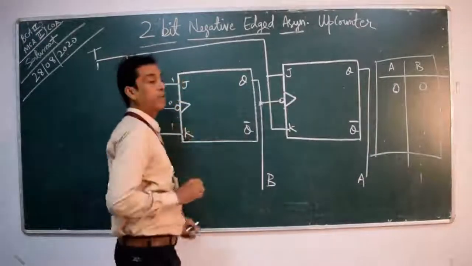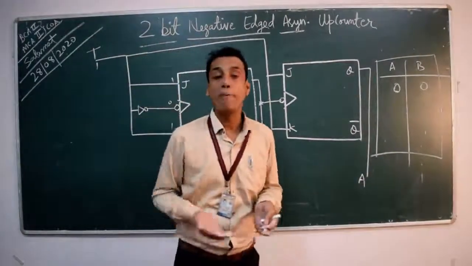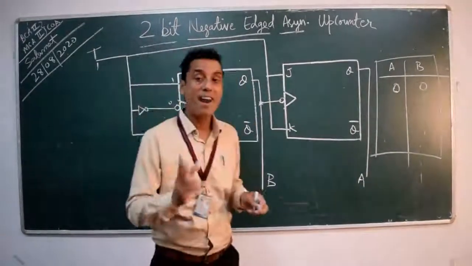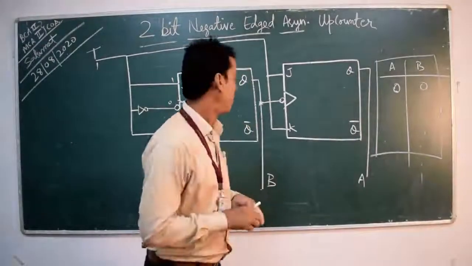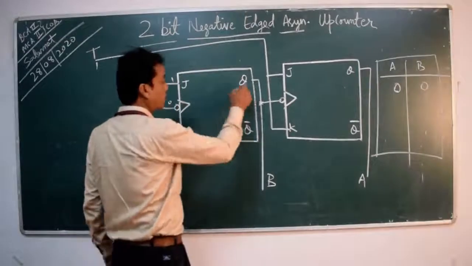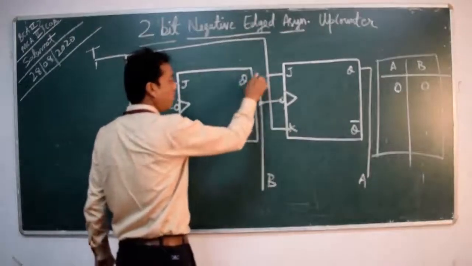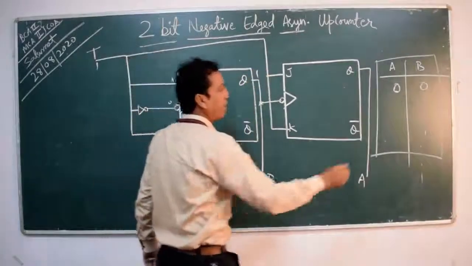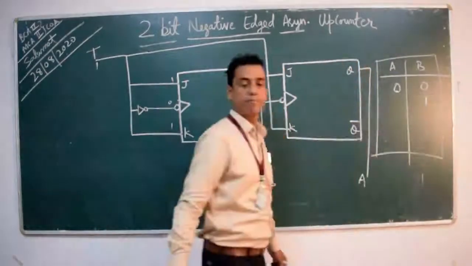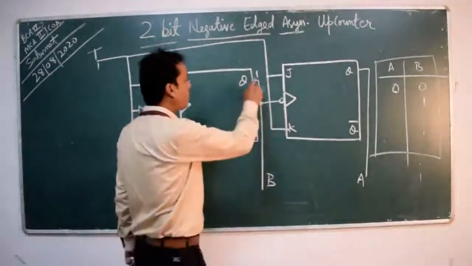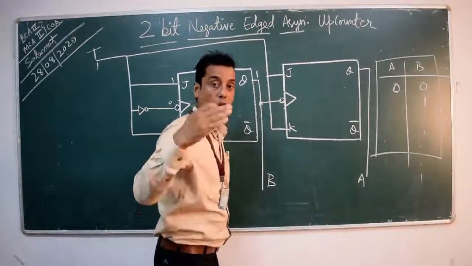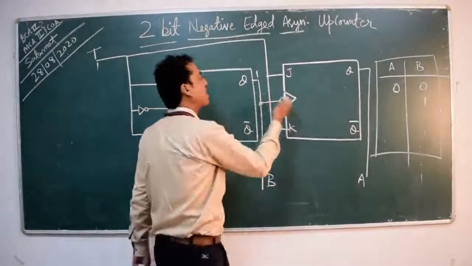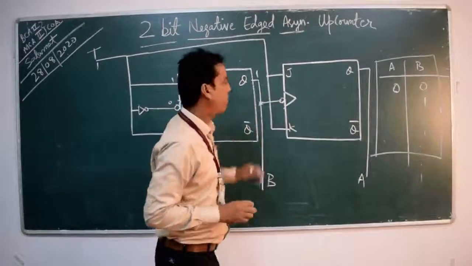In the case of a JK flip-flop, what happens if J and K receive 1? It is known as the toggle state. So here we have 0 which will be converted into 1. Note it down, 1. The gate of the next flip-flop is connected with the output line of the first flip-flop.